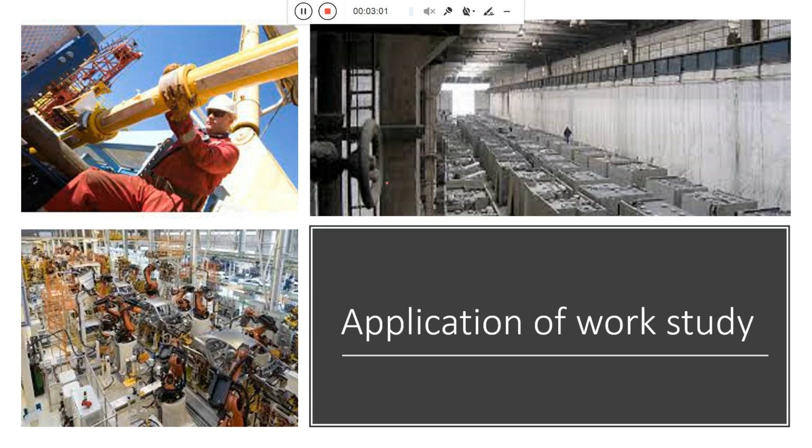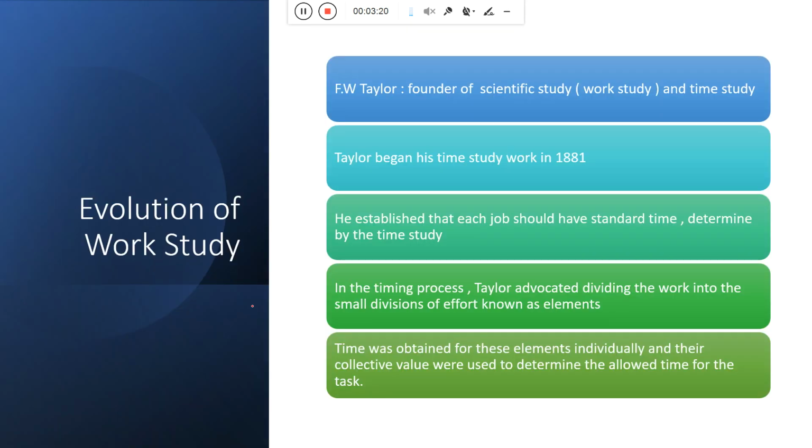This picture is just so you can understand where we can apply work study: in pharma, medical, healthcare, agriculture, anywhere you can apply the work study concept.